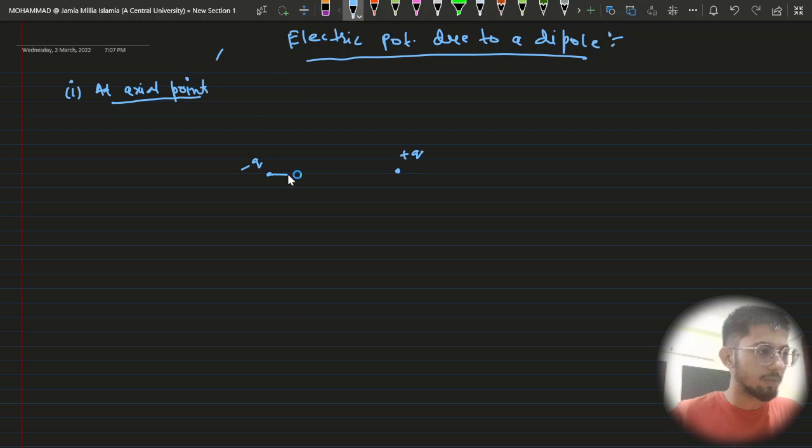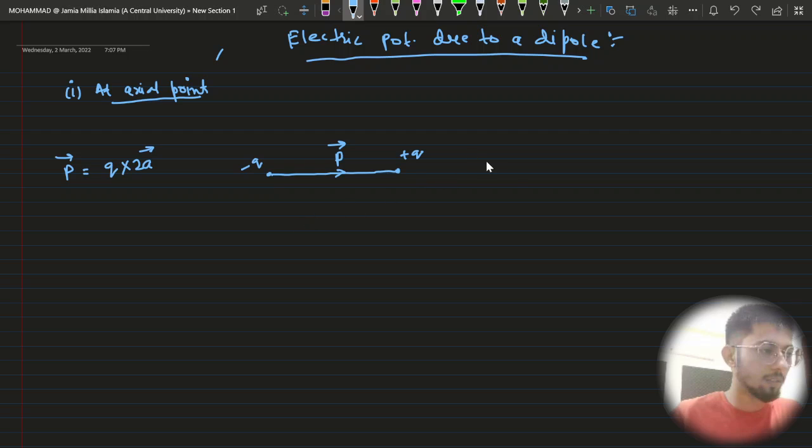This is a dipole, and this is the vector p. What is p? It is q into 2a, isn't it? This 2a is the distance between the two charges.